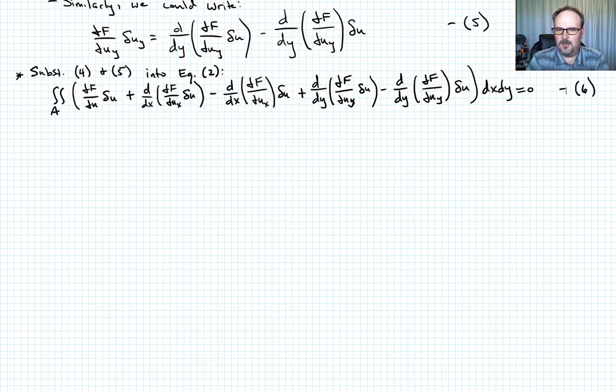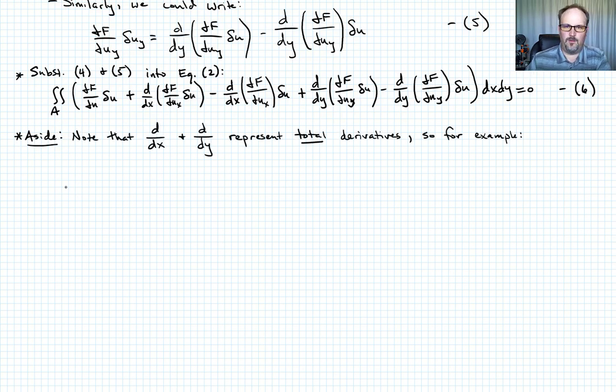Okay, I want to make a little comment on what this d/dx of, let's say, this first term looks like. So this is kind of an aside. I'll just mention that d/dx and d/dy represent total derivatives.